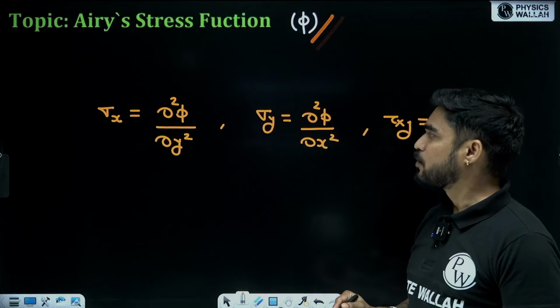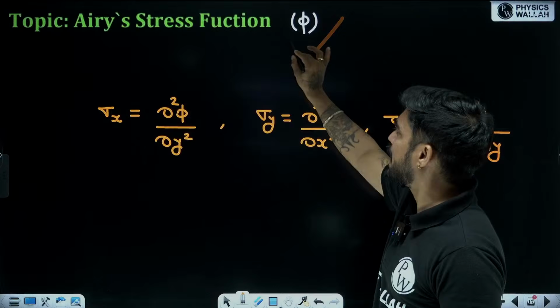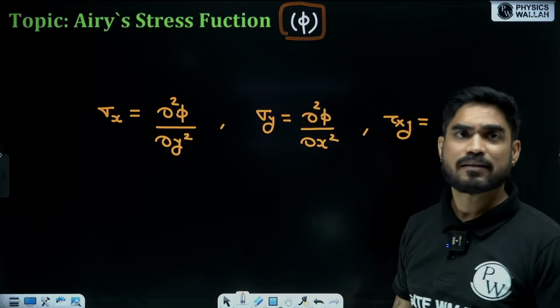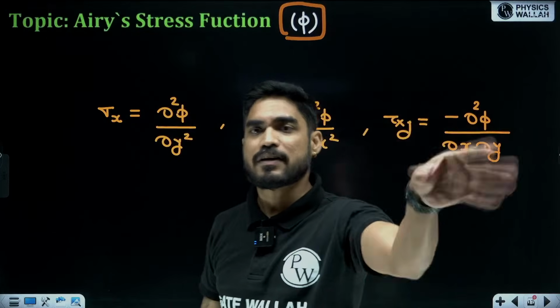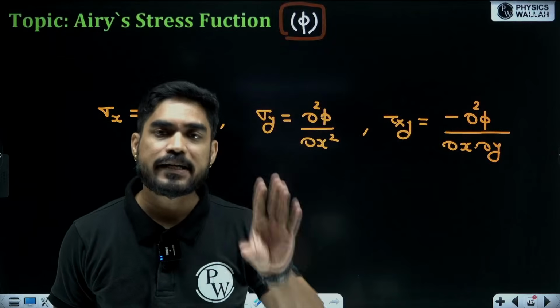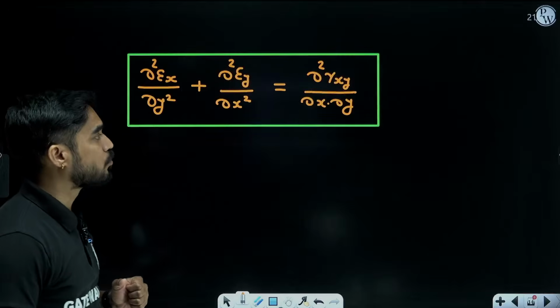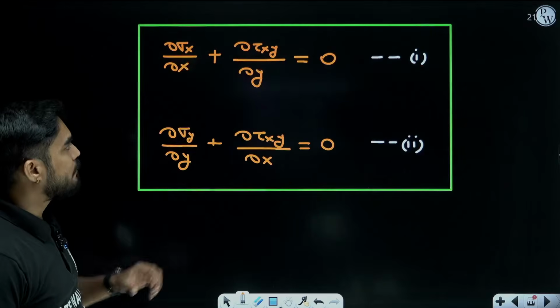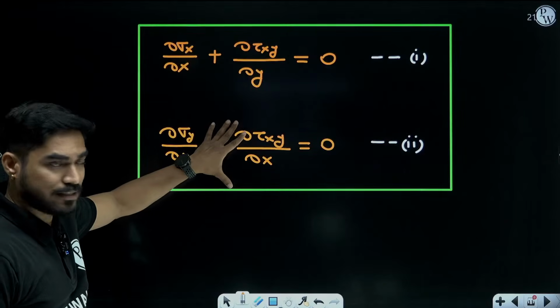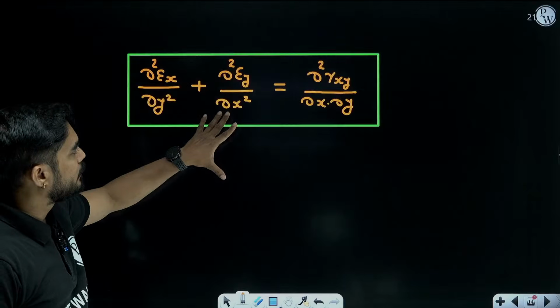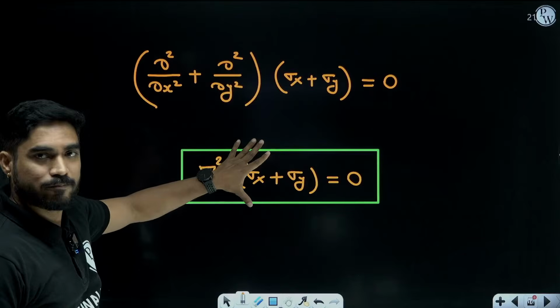Because you cannot arbitrarily choose any equation for phi, na? You cannot arbitrarily choose any function. It has to satisfy certain equations. Which equations? It has to satisfy the equilibrium equations as well as the compatibility equation, right?